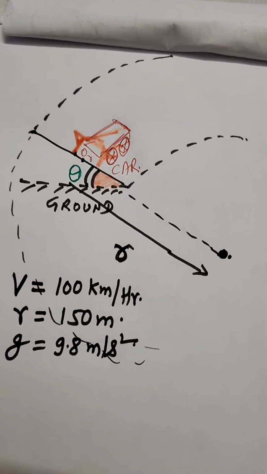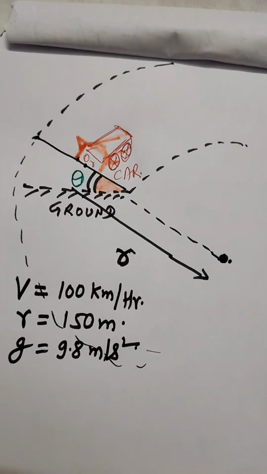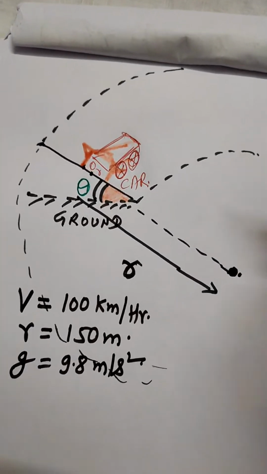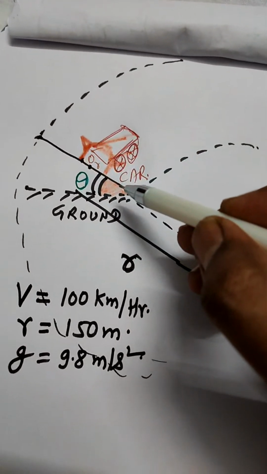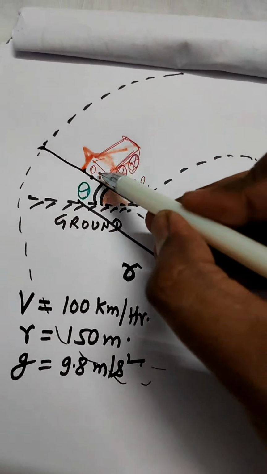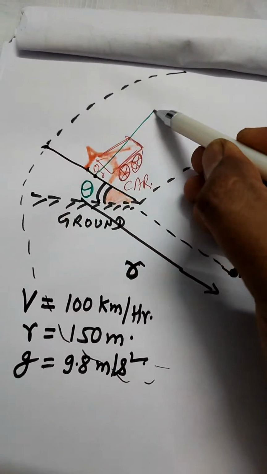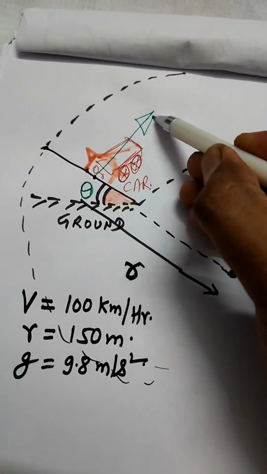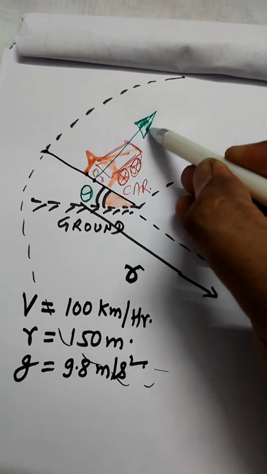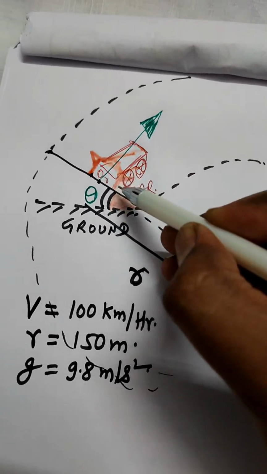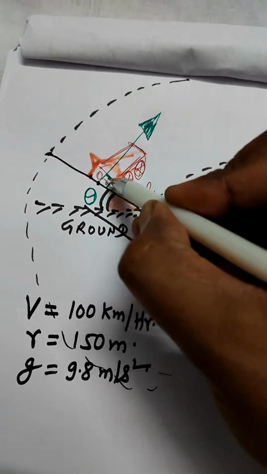So let us draw the free body diagram of this car standing over here. When you draw the free body diagram, you can see this road is inclined. Here you can see the normal reaction of this car will be acting like this. Tell me if you are not satisfied. Normal reaction is always acting at 90 degrees to the surface or point of contact.